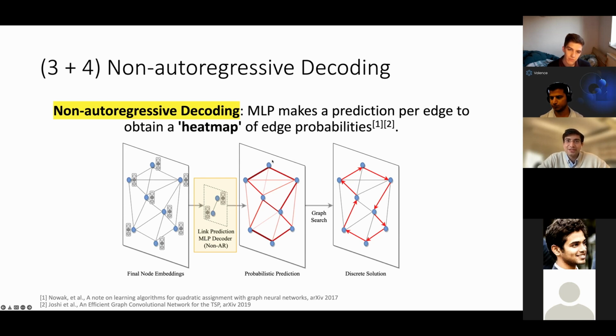Technically it's called limited width breadth first search. So you do BFS, but with a limited width of potential candidates. But essentially you arrive at this heat map by doing something really simple, doing link prediction over your node embeddings in the graph. And this can work decently well for these routing problems, as we will see.